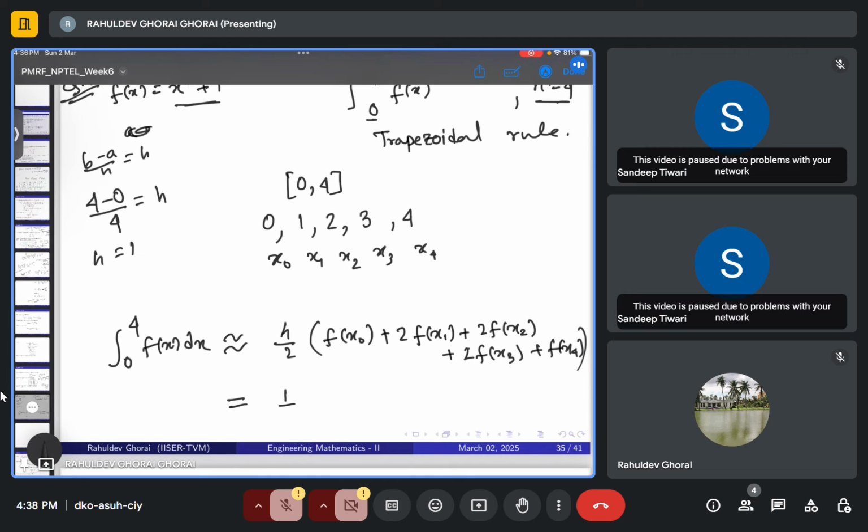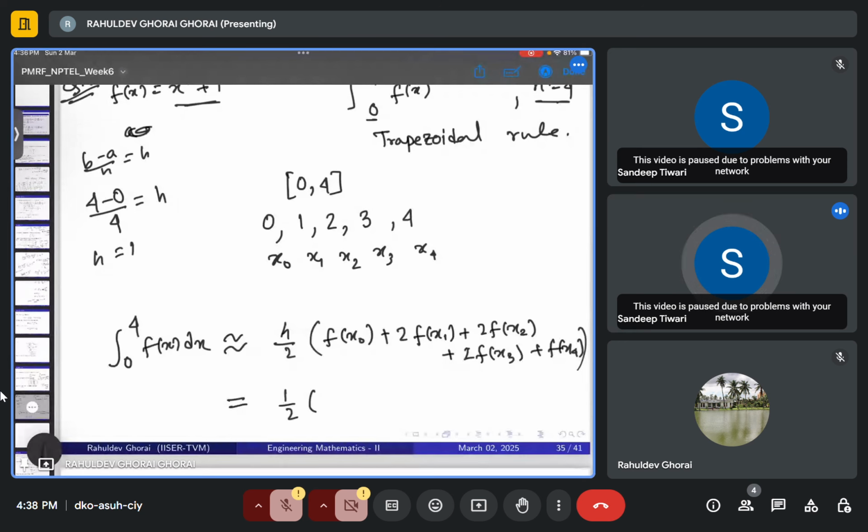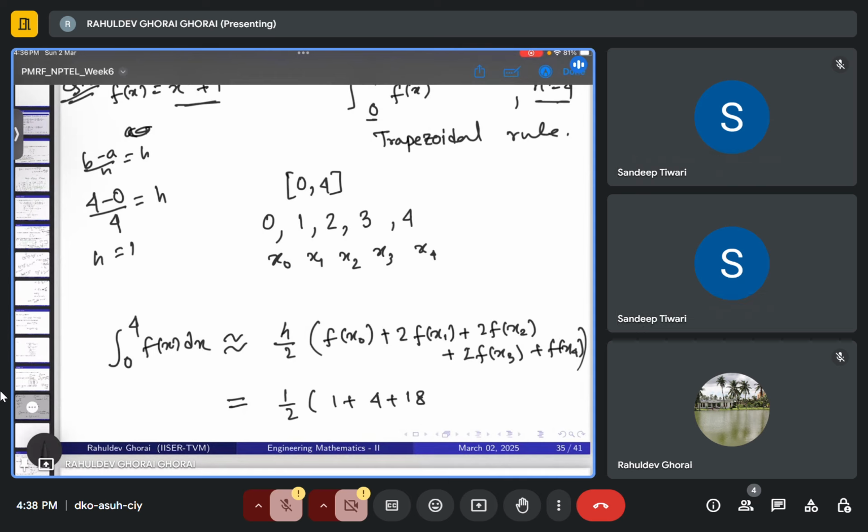What is f of x naught? 1, 1 sir, plus 2 times 4, 18, 56, 65.